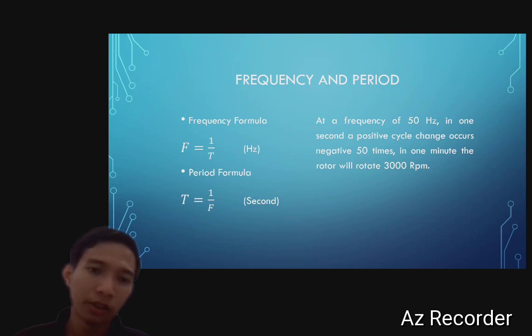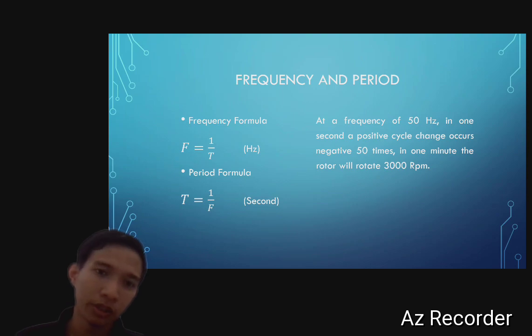And the period is how many seconds per rotation. With the same example of 30 rotations per second, we can conclude that the period of the tire is 30 in a second.